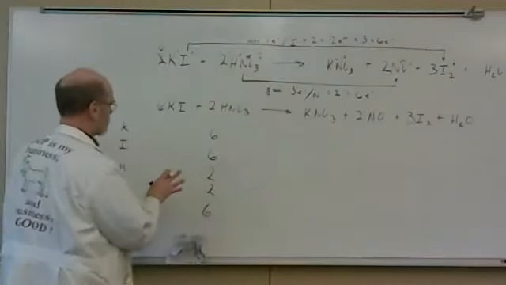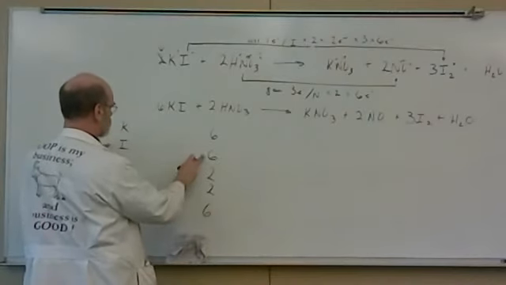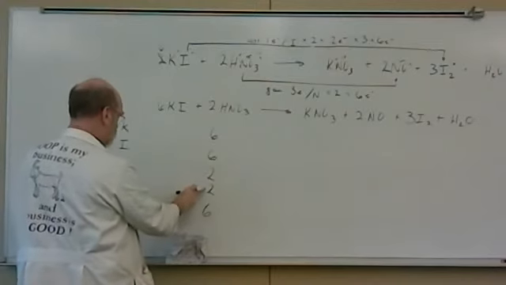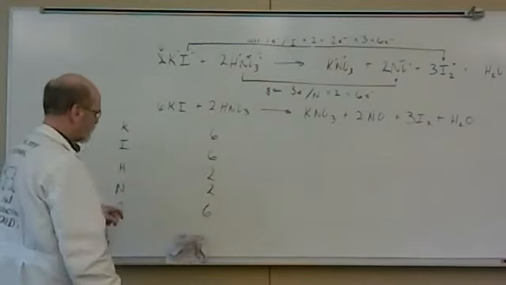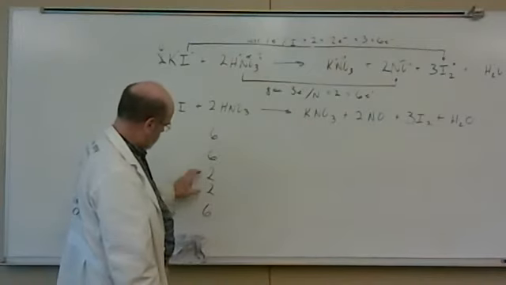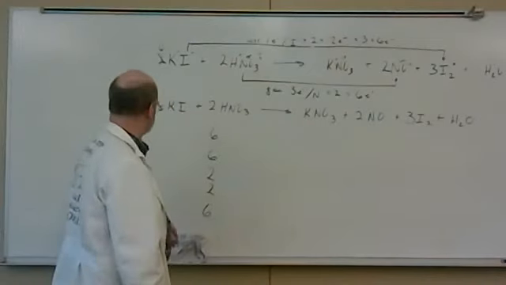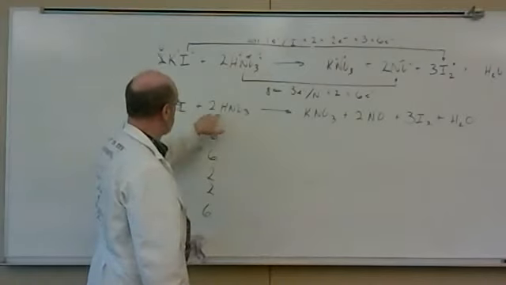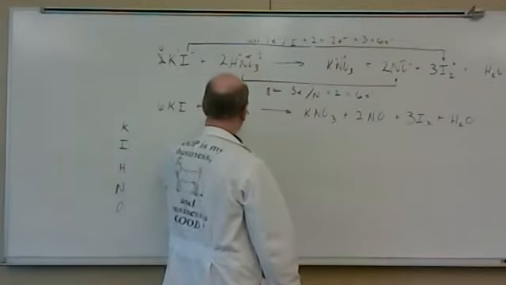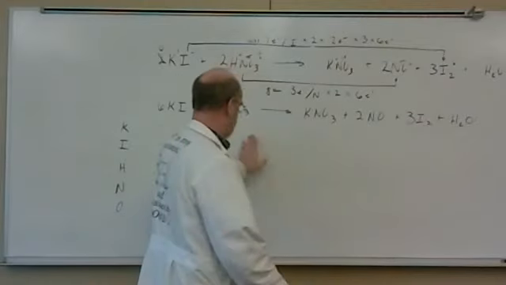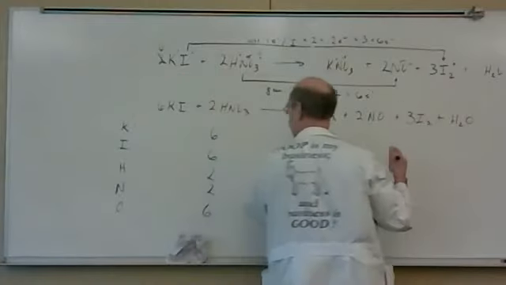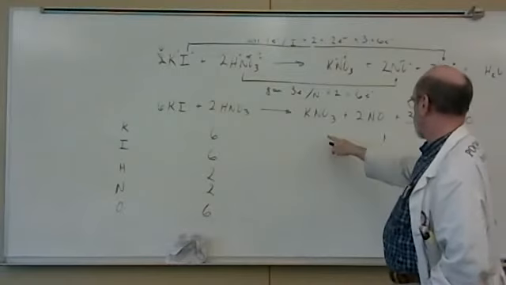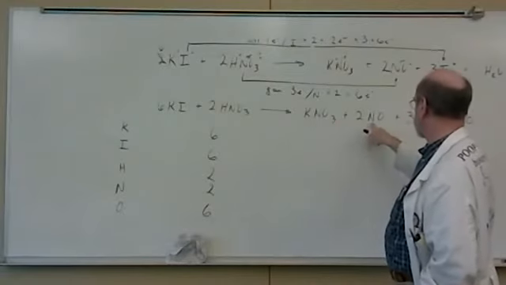Okay, I made a mistake somewhere. 6K, 6I, 2 hydrogens, 2 nitrogens, 6 oxygens. That should be right. I must have counted wrong. 10. I did. That's 22. And this is 6 plus 6 is 12, 14, 16, and 6 is 22. Okay, that's good. Now this side, how many Ks do we have? 1. How many nitrogens? We got 1 and 2 is 3.